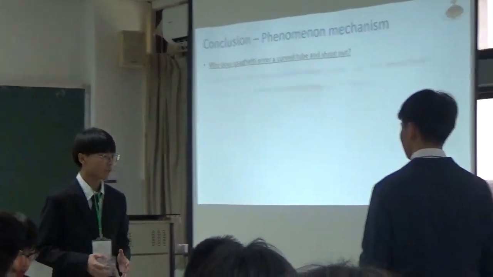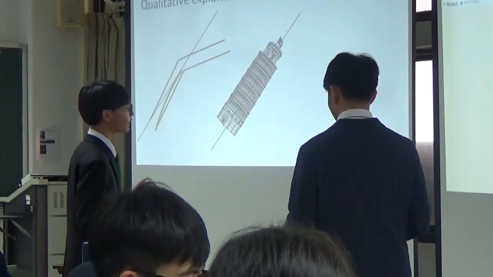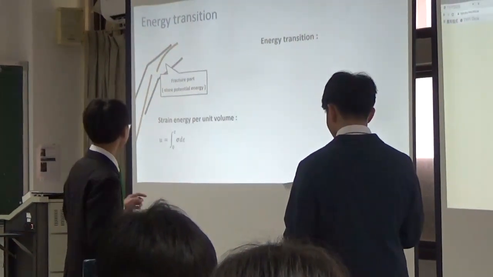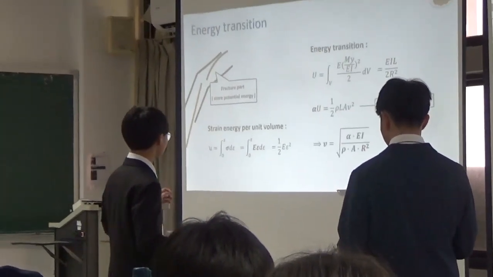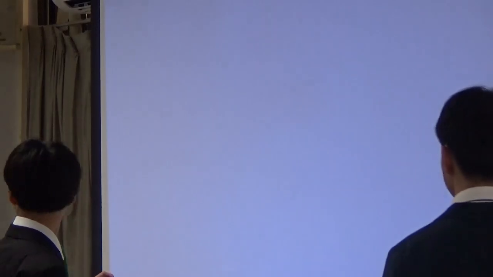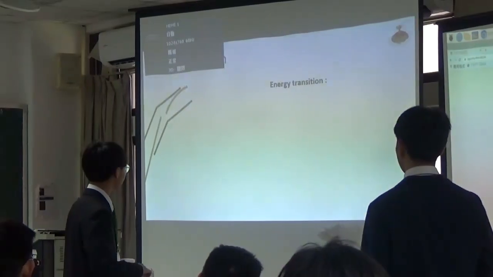We calculate the mass of the spaghetti. We consider the mass of the spaghettis, and we calculate the kinetic energy of every bending angle spaghetti piece. And as you can see, there's a chart.